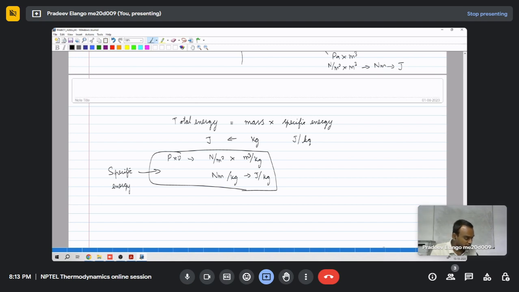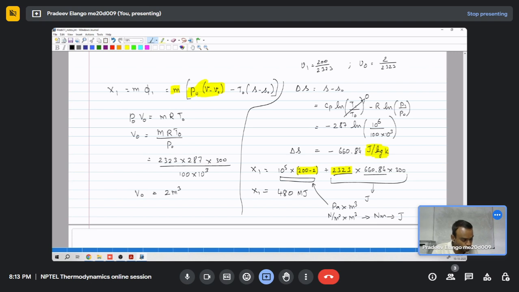But what we have substituted here is 200 meter cube and 2 meter cube. These are total volume, not the specific volume. The volume is not specific here.